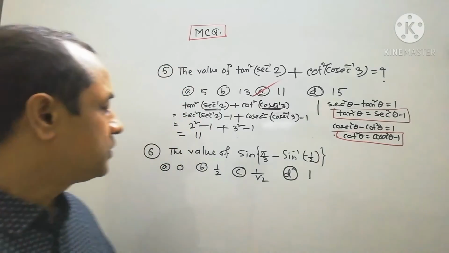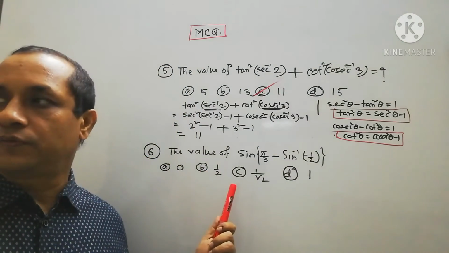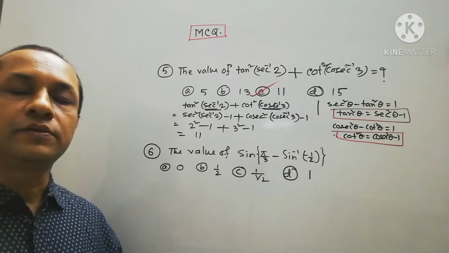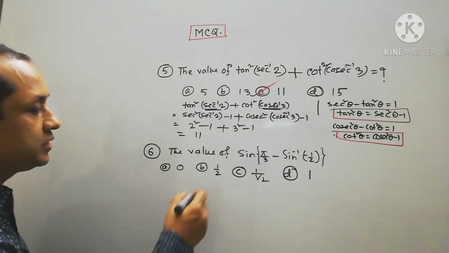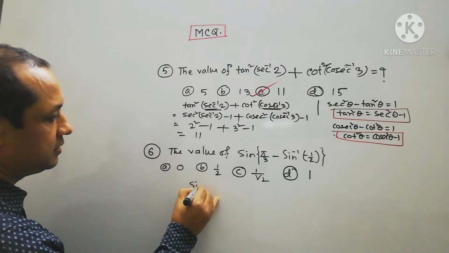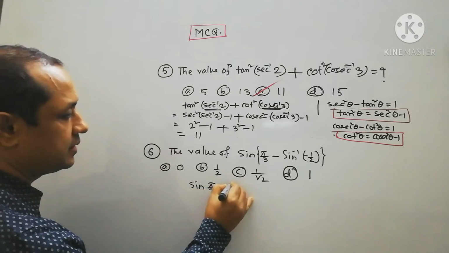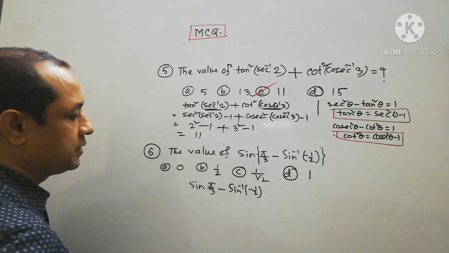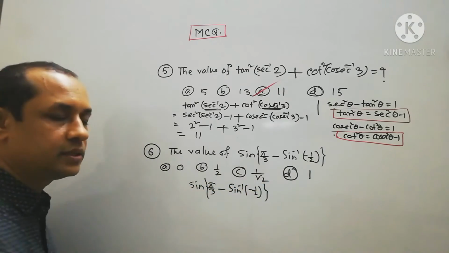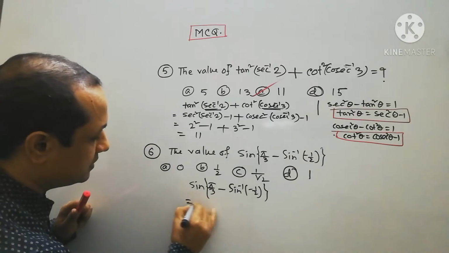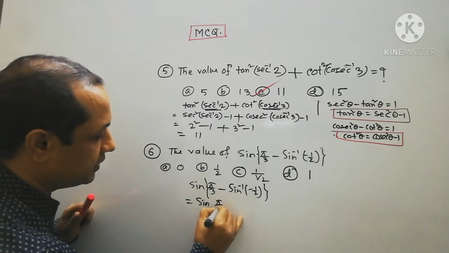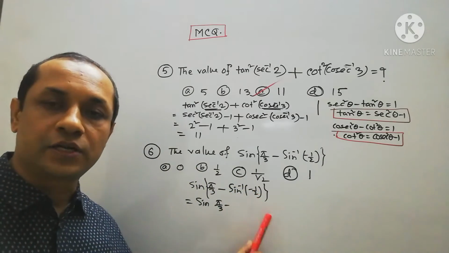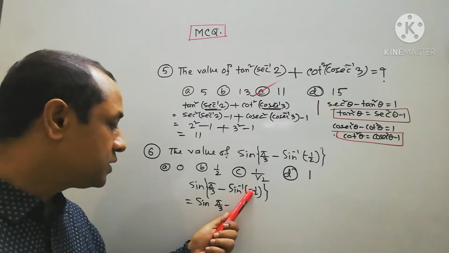Next question, question number 6. The value of sine of pi by 3 minus sine inverse of minus half. Now student, look at the board. Here sine of pi by 3 minus, take the minus to the first position. Sine minus theta equals minus sine theta. So take the minus to the first position.